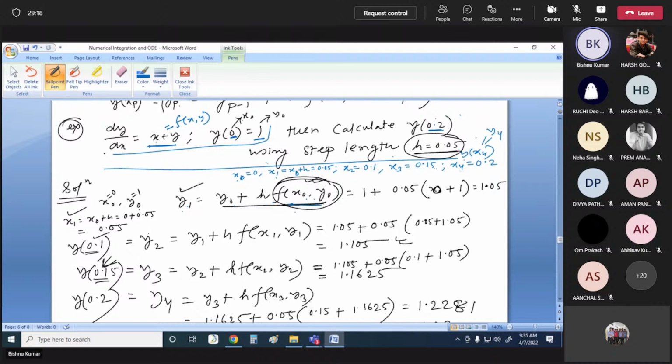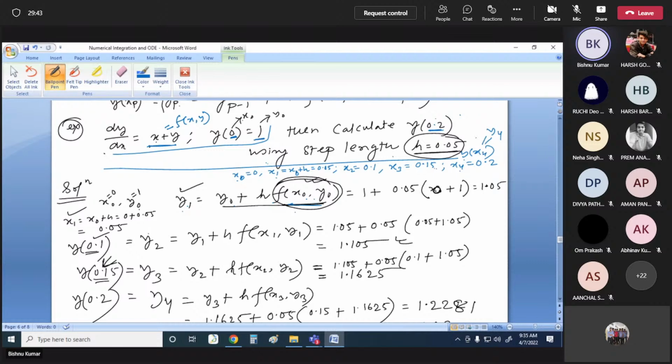With the help of x1 and y1, using the same recurrence relation, can you calculate y2? y2 equals y1 plus h f of x1, y1. X1 is clear, y1 you have calculated from the previous line. That is y1 plus h, 0.5, times f of x1, y1. F of x comma y is the several variable function given in the question, here addition x plus y.